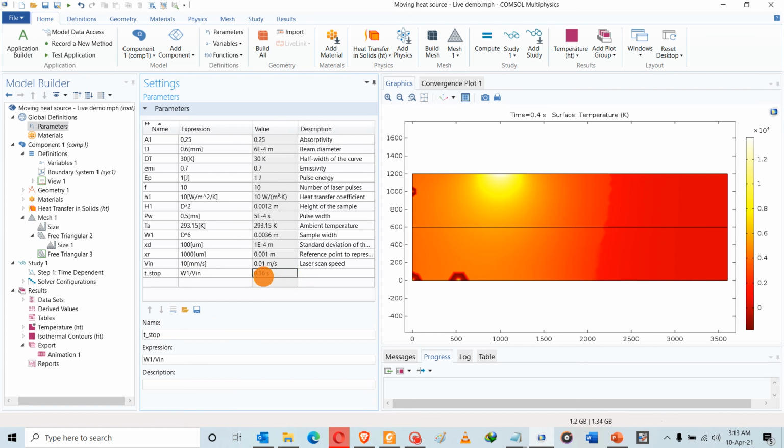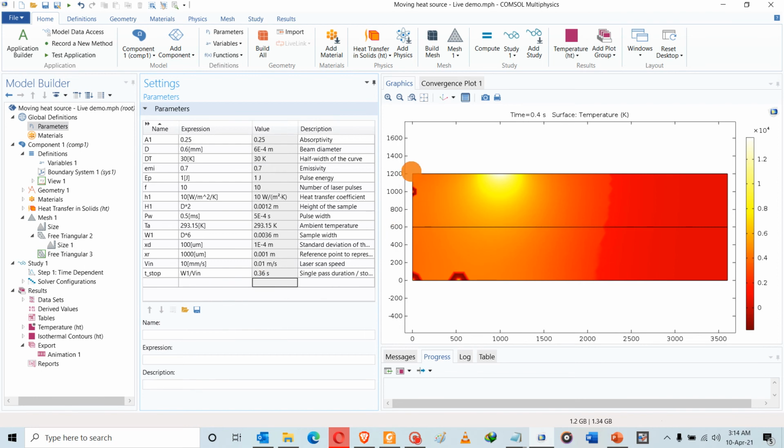So it should take about 0.36 second. Let's say single pass duration, or stop computation. The computation should stop at 0.36.